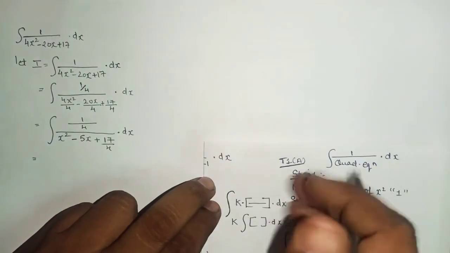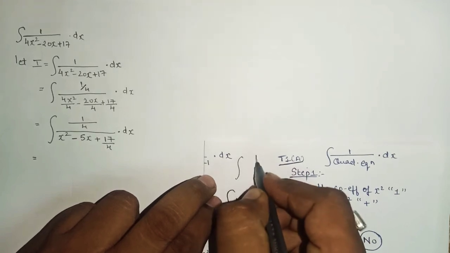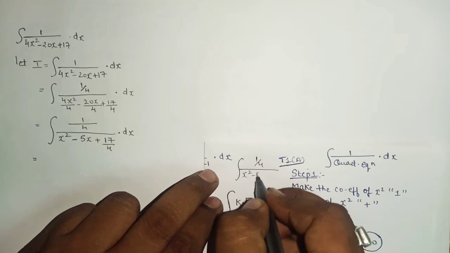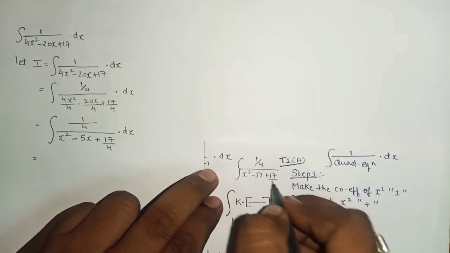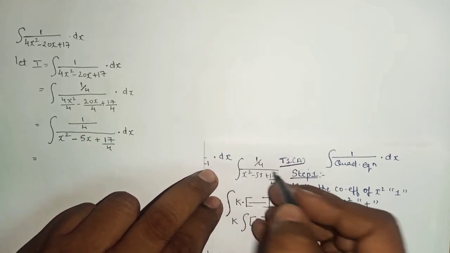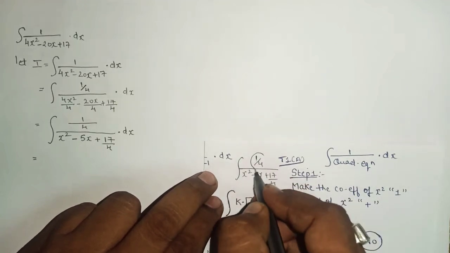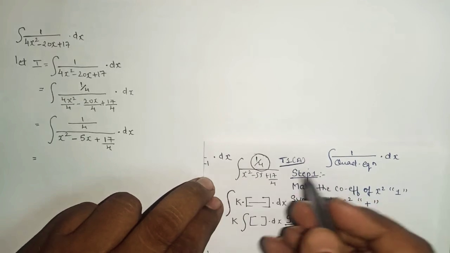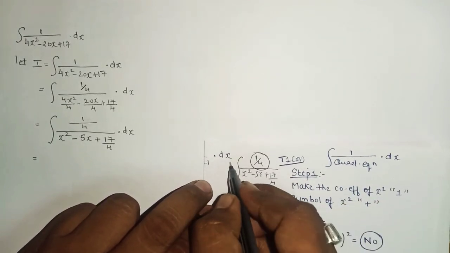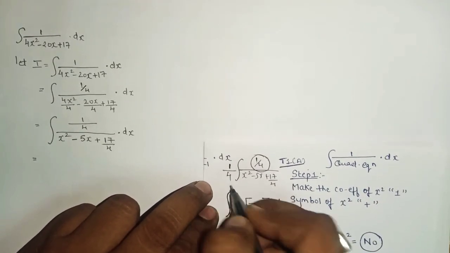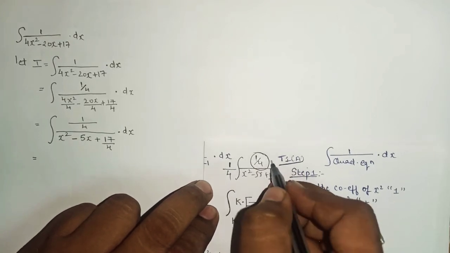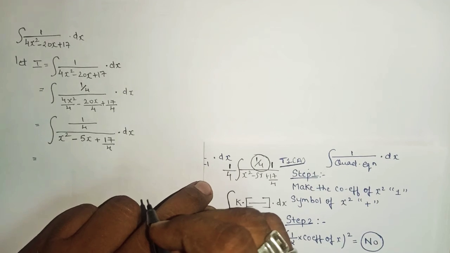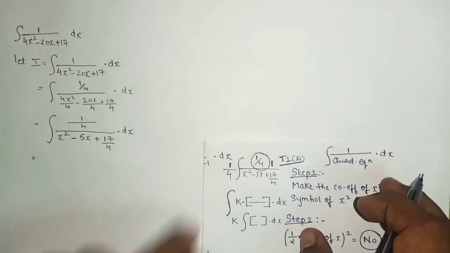For example, if you have 1 upon 4 and here we have x square minus 5x plus 17 upon 4, we can bring this 1 upon 4 outside, as 1 upon 4 is a constant, yes or no? If we bring this 1 upon 4 outside, it will come like this: 1 upon 4. Here nothing will be there, means we'll be left with 1. Got the point? Understood?